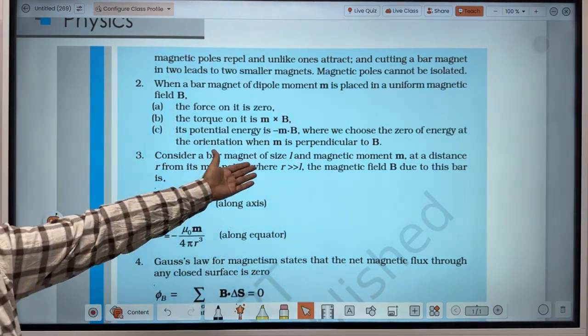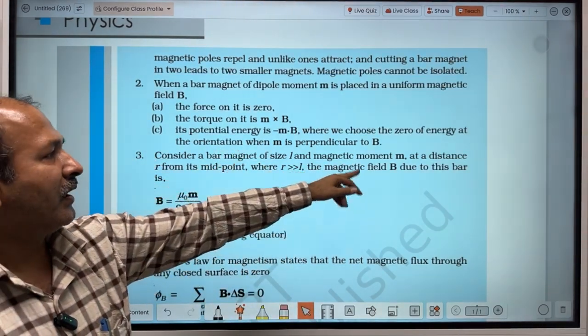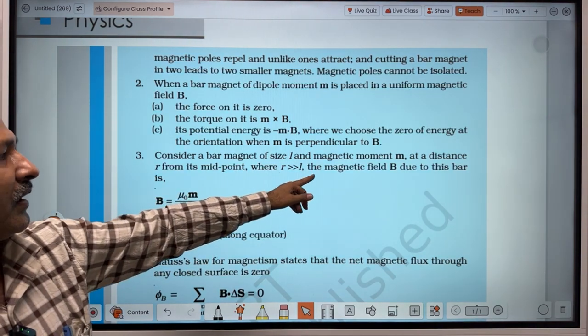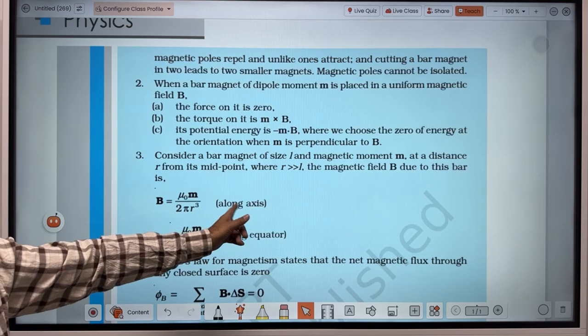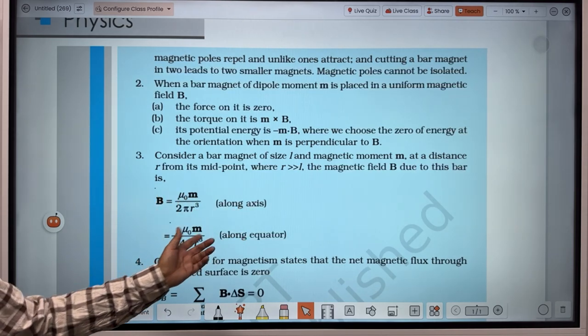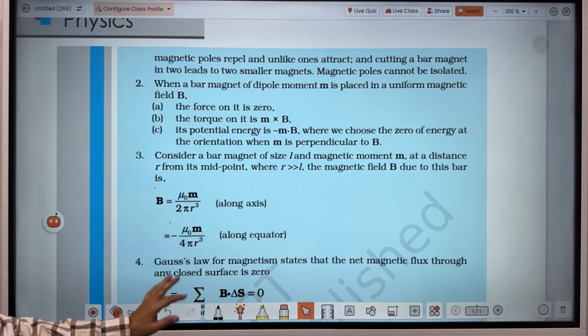Correct. Consider a bar magnet of size L and magnetic moment M at a distance R from its midpoint. When R is greater than L, then the magnetic field at an axial point, you know, B equals mu naught M divided by 2 pi R cube, and along the equator it will be just half and the direction will be just opposite.